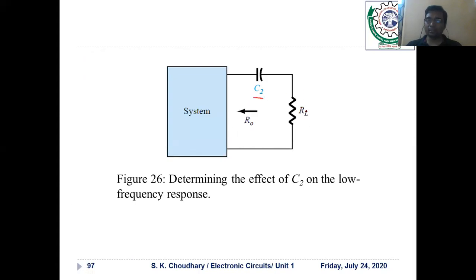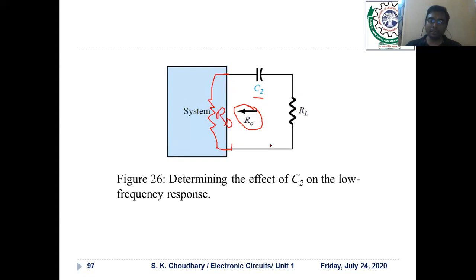RL is the load resistor that is connected to the amplifier, on the right hand side of C2, between the terminal and the ground terminal you can see. And R0 is what? R0 is a parallel combination of the drain resistance and the finite output resistance of the MOSFET. So this is your R0, that appears like this for this network.